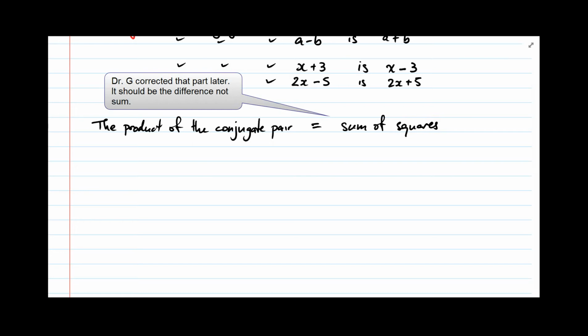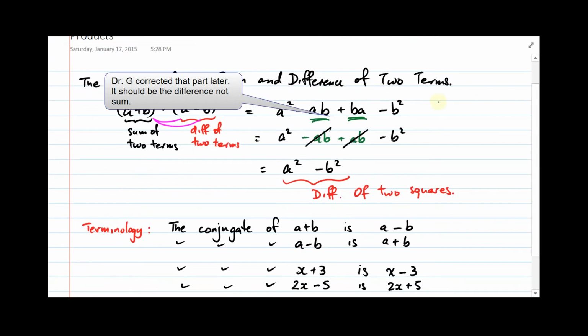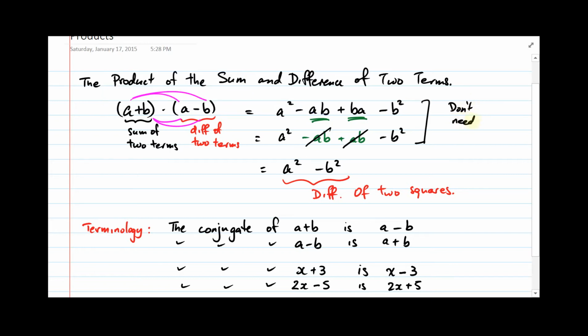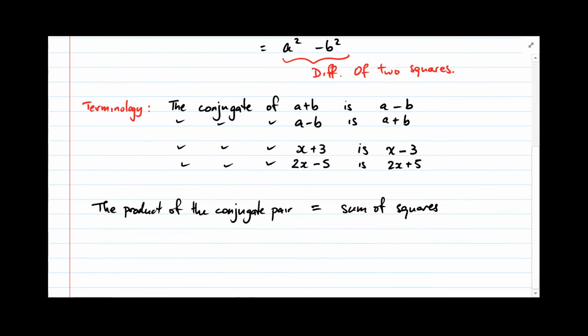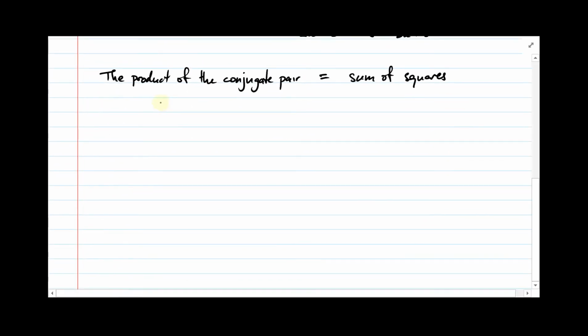The pattern we want you to pick up is that you don't need this step. This is going to appear so often that we'll just write A plus B times A minus B equals A squared minus B squared.